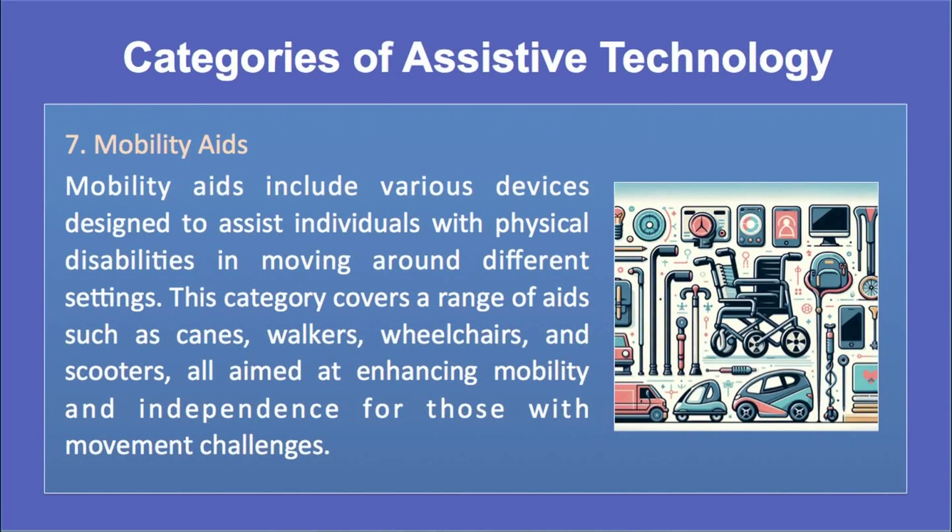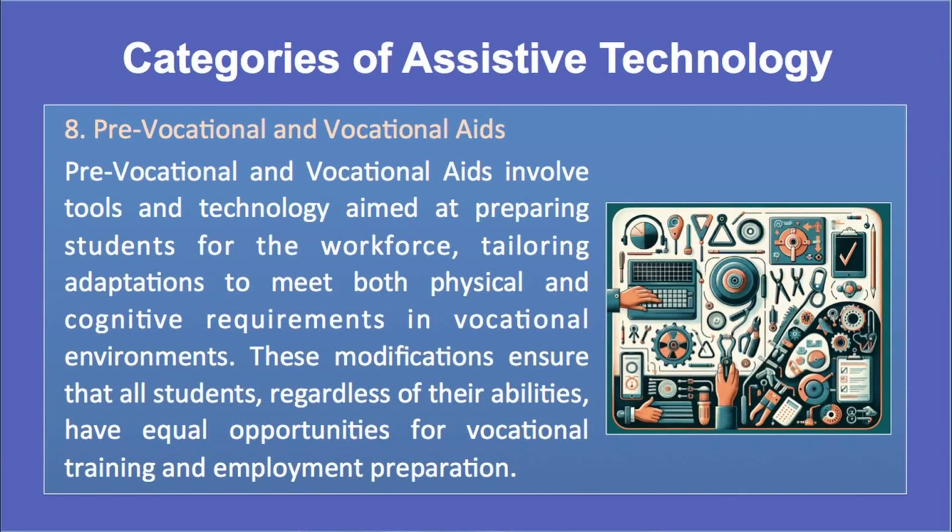Mobility aids. Mobility aids include various devices designed to assist individuals with physical disabilities in moving around different settings. This category covers a range of aids such as canes, walkers, wheelchairs, and scooters, all aimed at enhancing mobility and independence for those with movement challenges. Pre-vocational and vocational aids. Pre-vocational and vocational aids involve tools and technologies aimed at preparing students for the workforce.